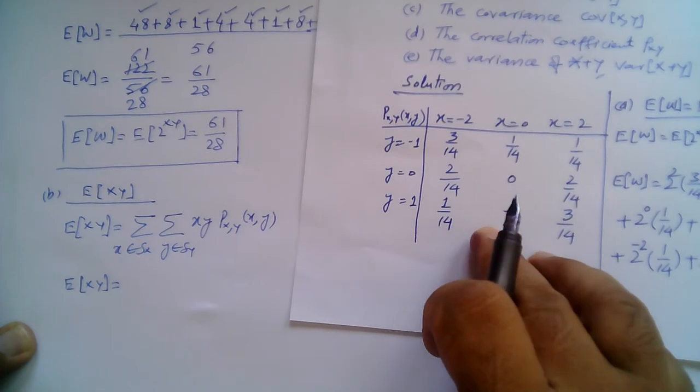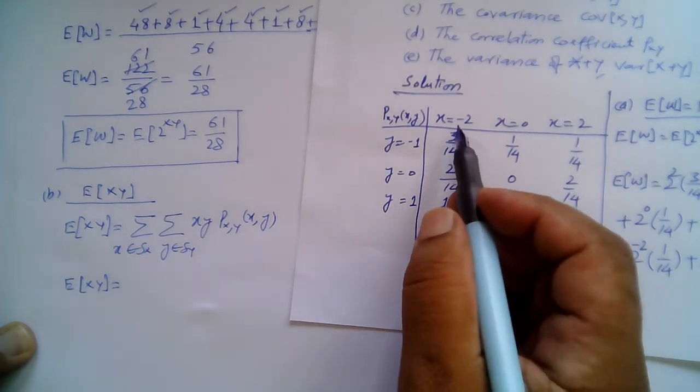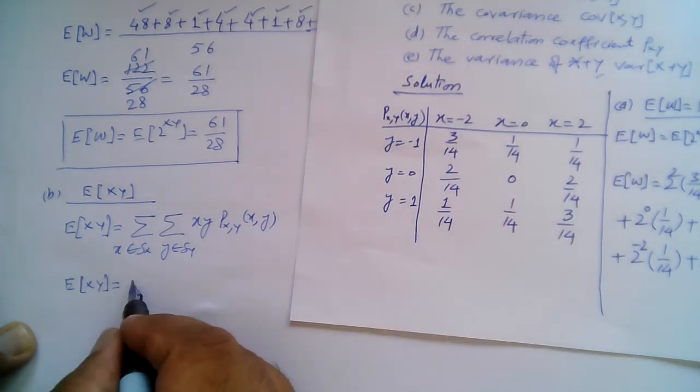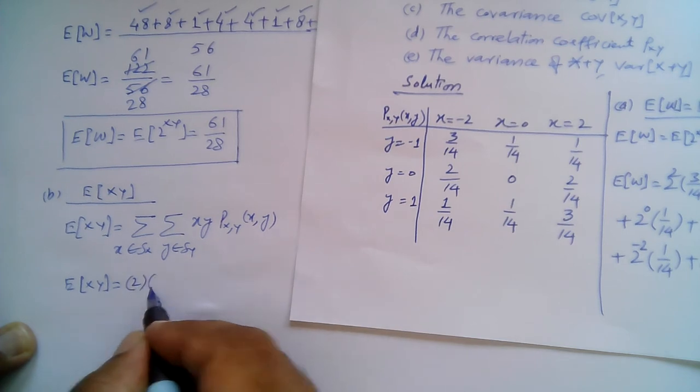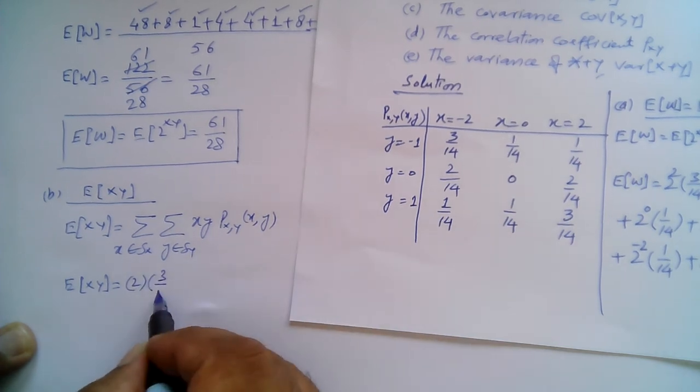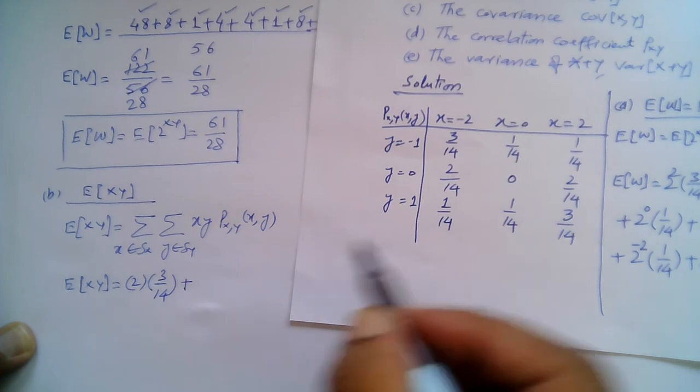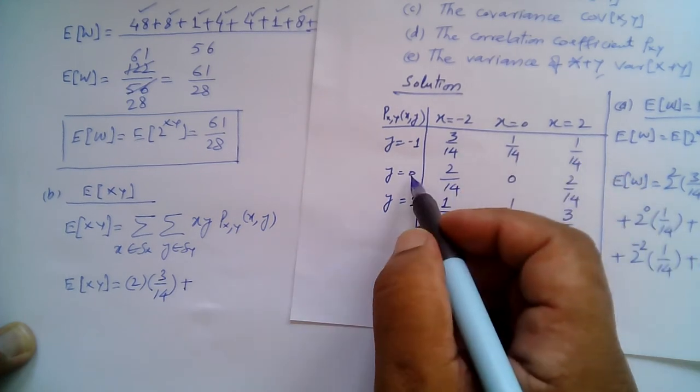Again, this table will help us here, right? So minus 2 into minus 1, so that should be 2 multiplied by the corresponding value of the probability 3 over 14, plus minus 2 multiplied by 0.